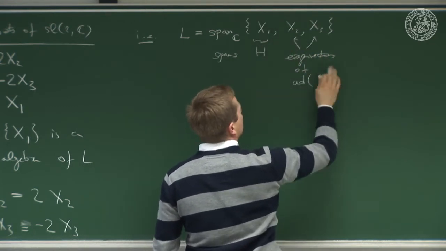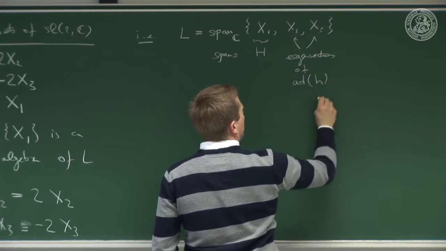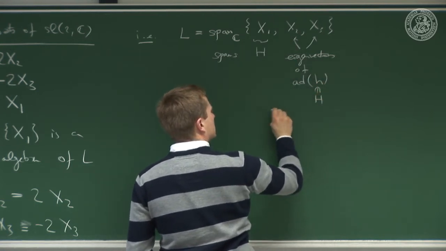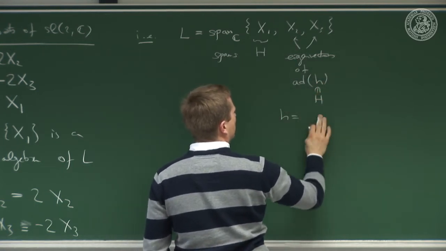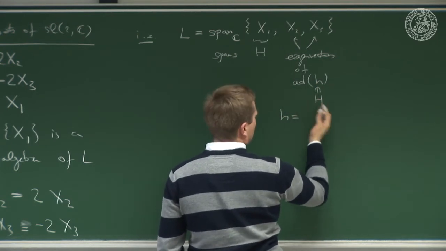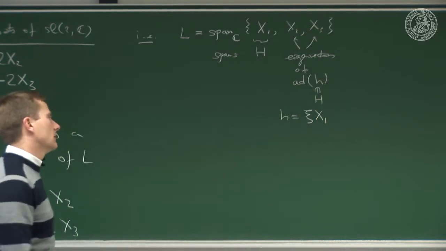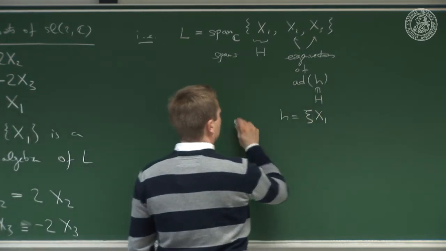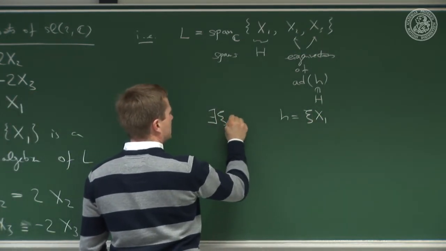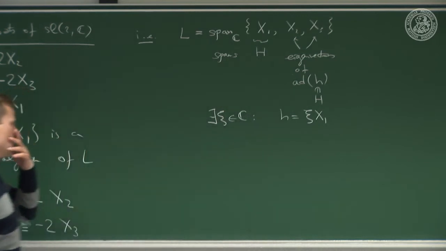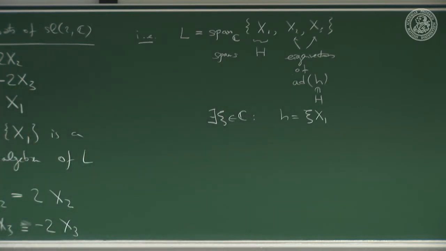Every element in H has the form psi times x1, where psi is a complex number, because H is one-dimensional. So it's the Cartan subalgebra we have there.